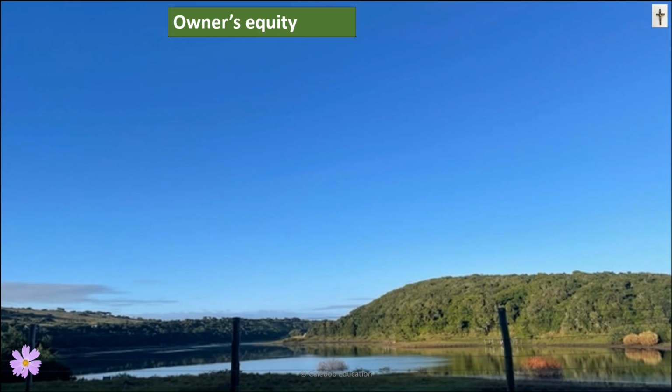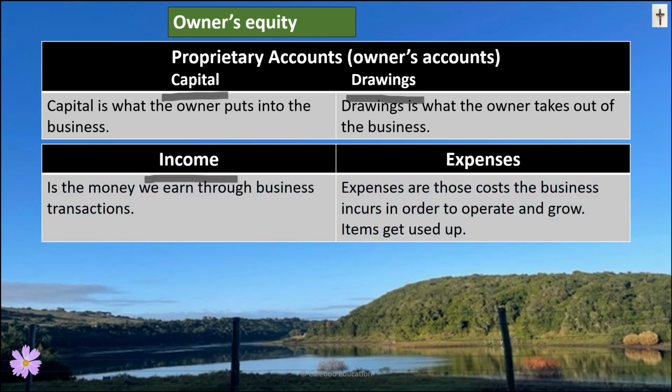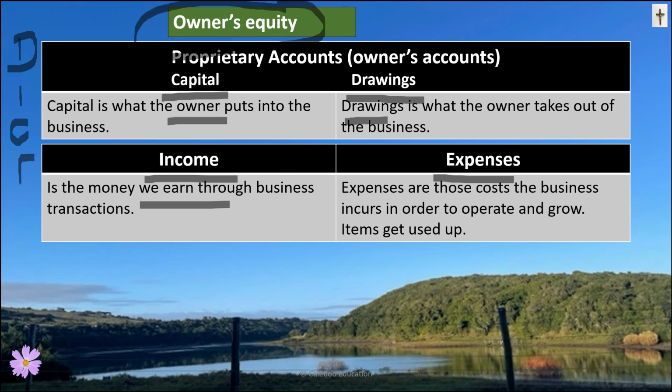I thought I'd throw this in quickly. Just a little bit of quick revision on owner's equity. You got your two owners accounts, proprietary accounts, capital and drawings. Then also income and expenses affect owner's equity. So the four things that affect owner's equity, the value of what the owner is worth, capital, drawings, income, and expenses, which gives you the acronym DICE.